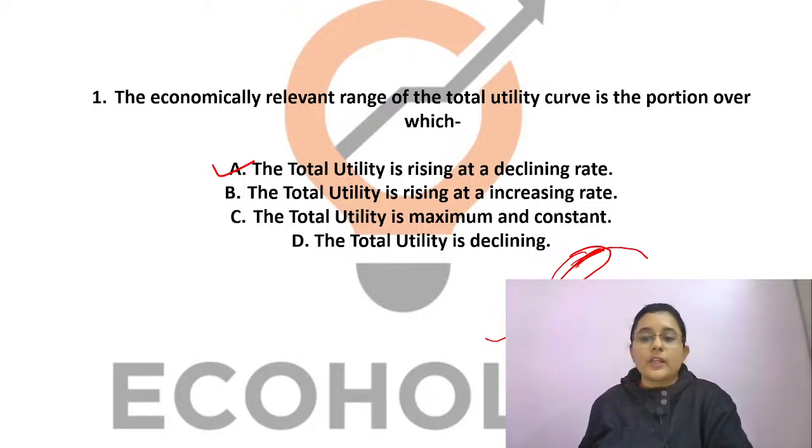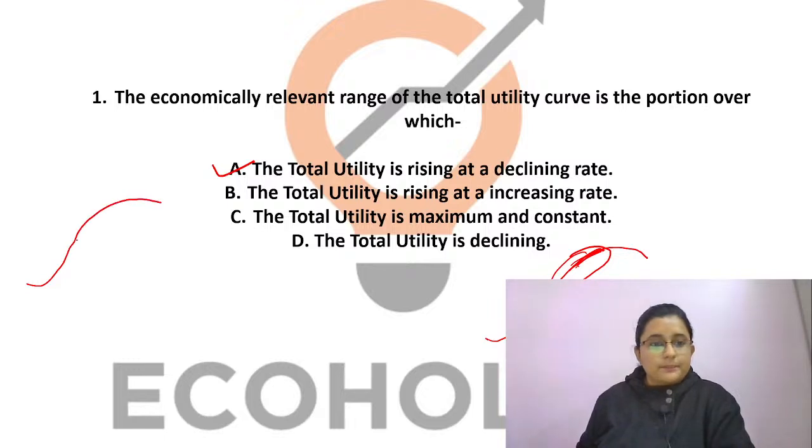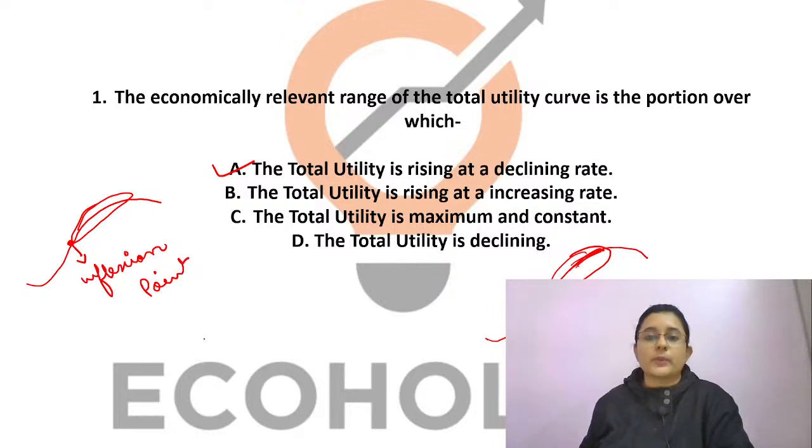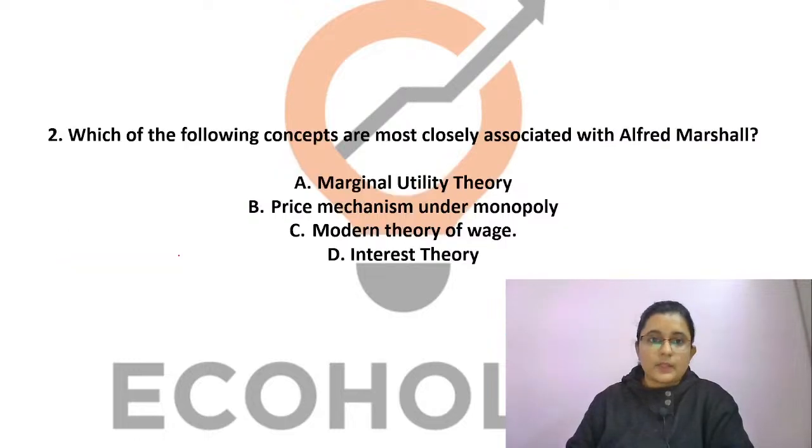Let me draw this diagram here. This portion is what we call total utility rising at a declining rate, just after the point of inflection, after which the total utility curve changes its slope. So option A is your right answer.